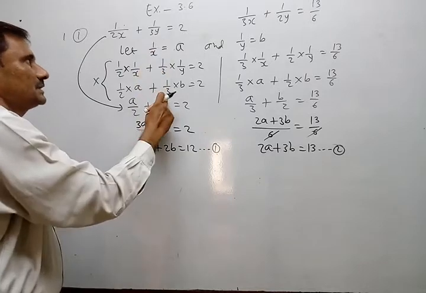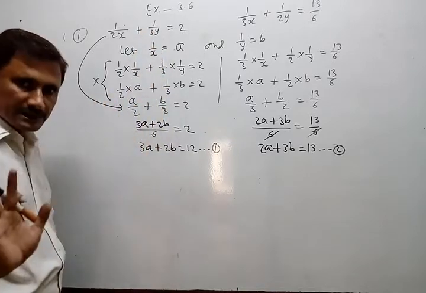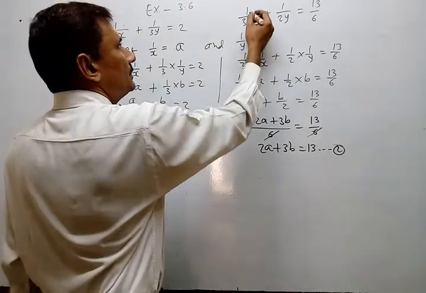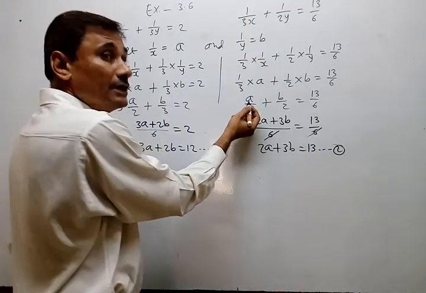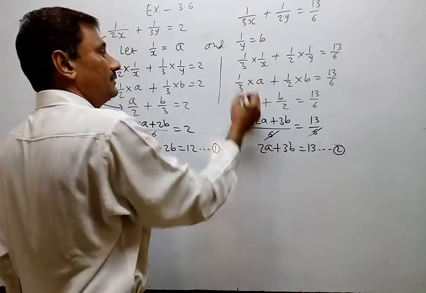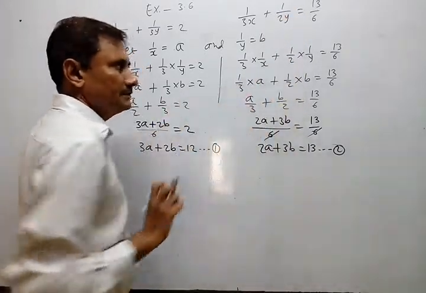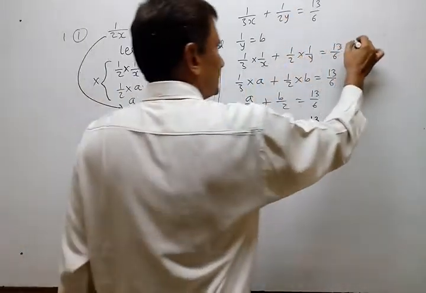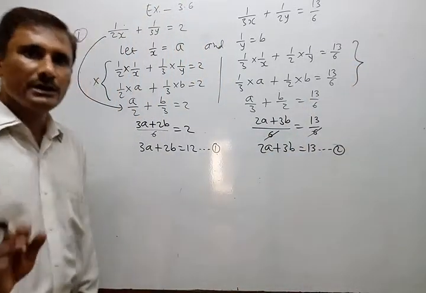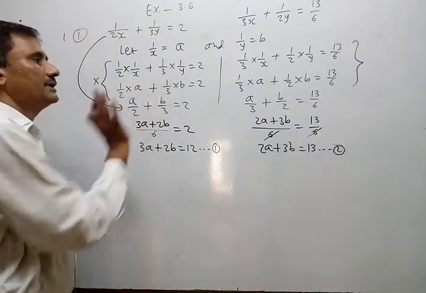So 1 by y is replaced by b, upon 3 remains as it is. Here also, in place of 1 by x, a in the numerator, not the denominator, and upon 3 remains the same. 1 by y replaced by b, 2 remains the same. So no need to write this in-between step, but if you don't understand, for that purpose only I have written it.